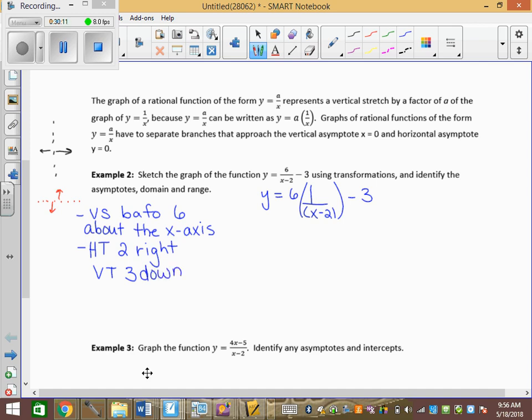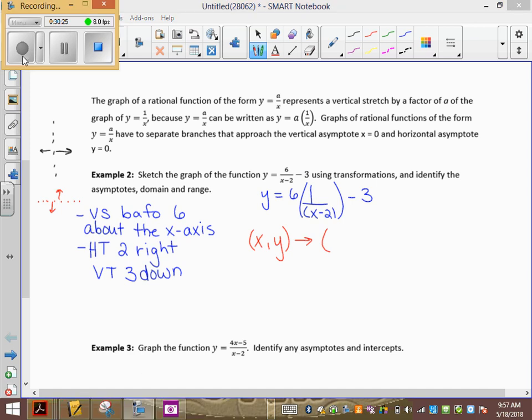If I wanted to draw the new graph, I would draw the old graph 1 over x, right? But I can use mapping to draw the new one. So my original is x, y. The vertical stretch and the vertical translation affect which variable, x or y? The y.